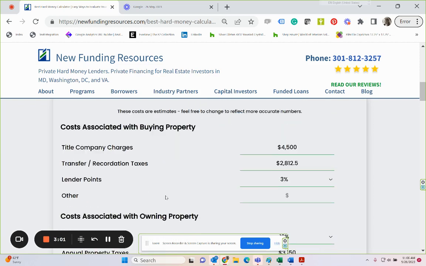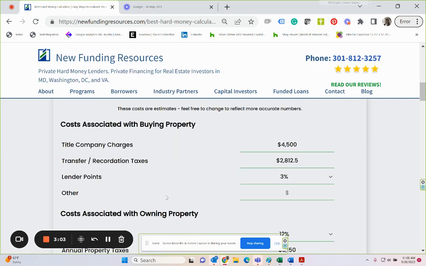All right, so costs associated with buying property, title company charges. We don't know what they would be. The calculator makes the best assumptions there, but I do think here it's probably budgeting a little bit more than it needs to. So instead of 4,500, let's put 3,500. Transfer recordation taxes. Again, we don't know what they are, but they look pretty reasonable.